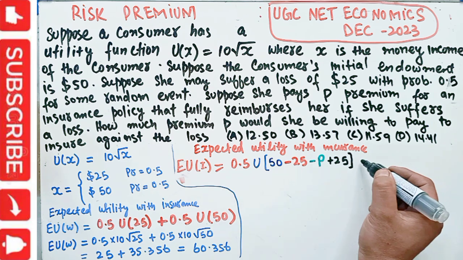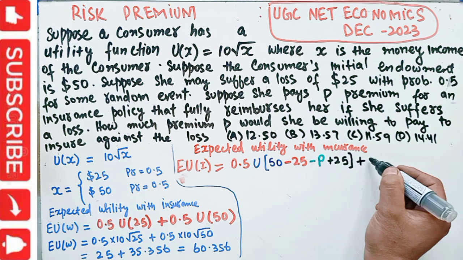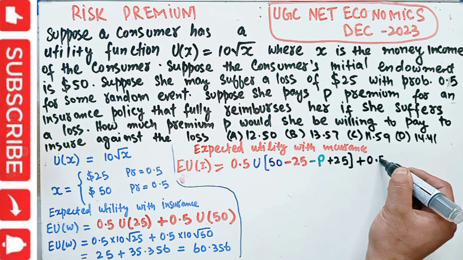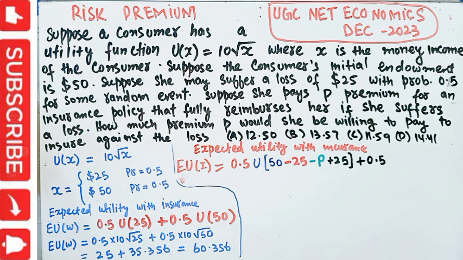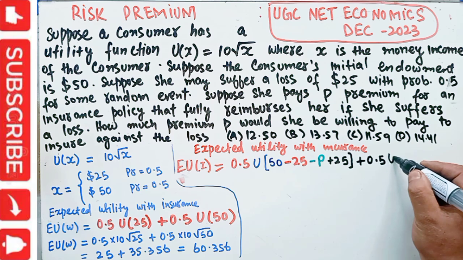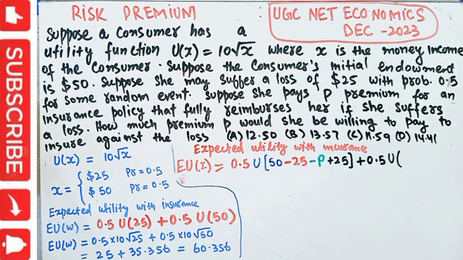Plus, another situation will be that nothing happens, that is the probability that nothing bad happens to her, and then what will be her utility? Again, it will be equal to her initial wealth minus the premium she must pay. If nothing bad happens to her, obviously she needs to pay the premium.